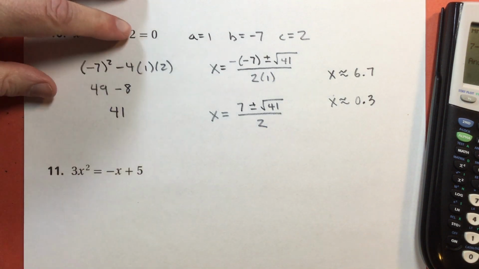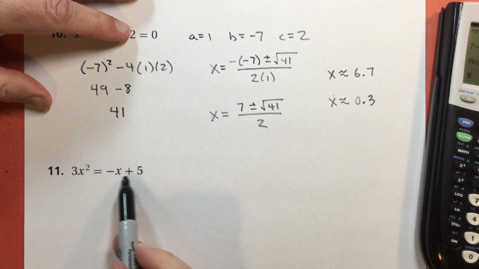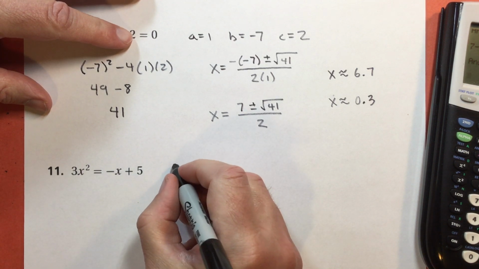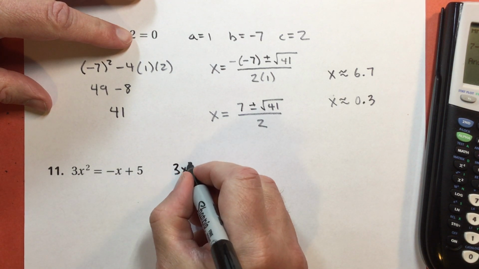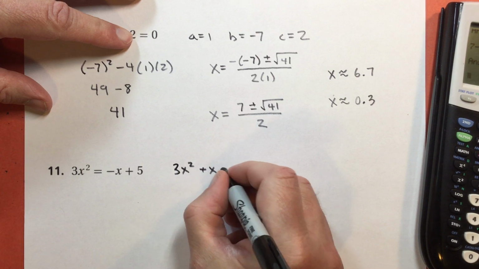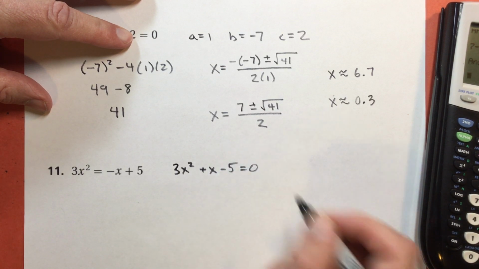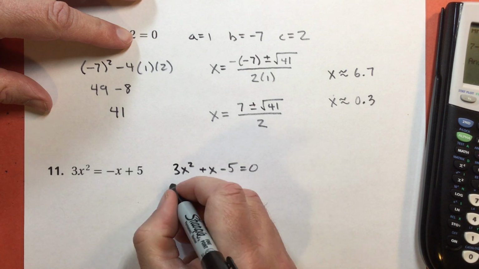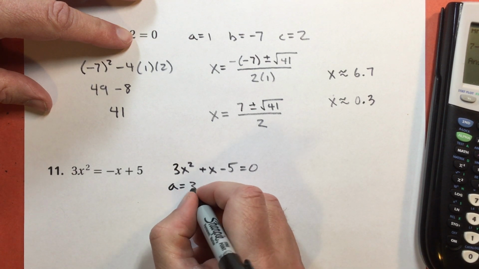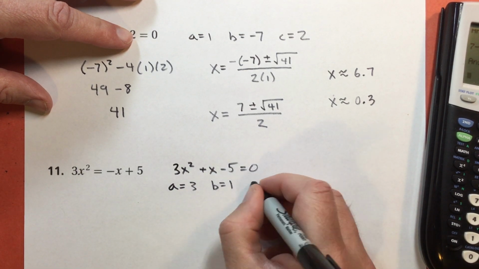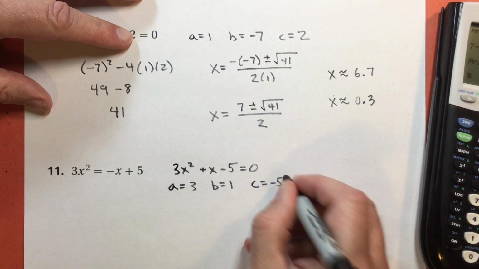For number 11, I need to move these two terms over to the other side. So I get 3x squared plus x subtract 5 equals 0. And my a is going to be 3, my b is going to be 1, and my c is going to be negative 5.